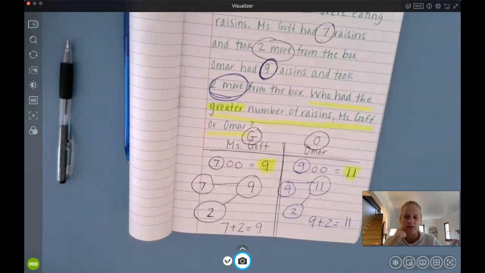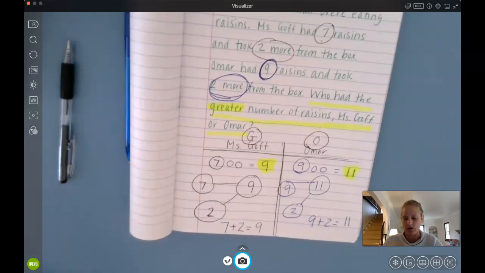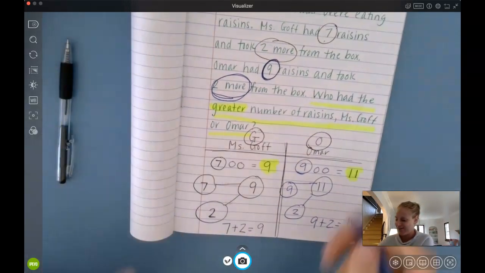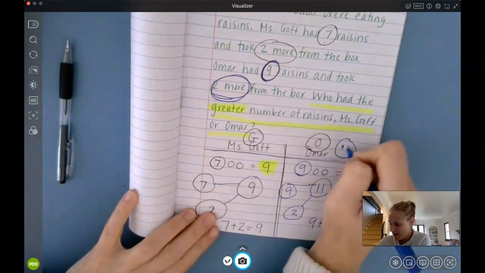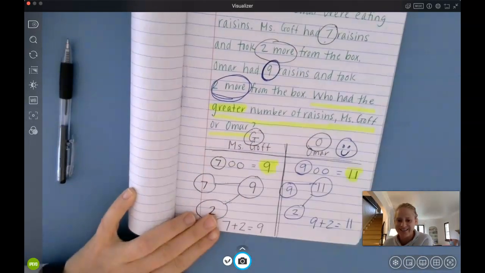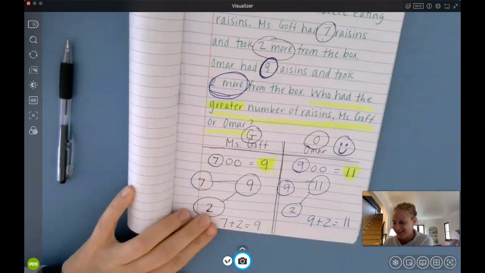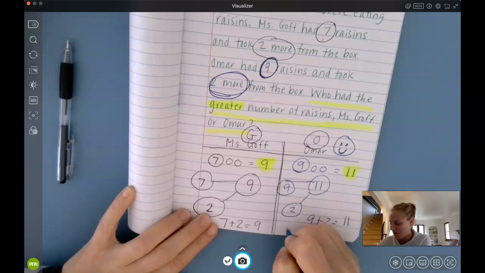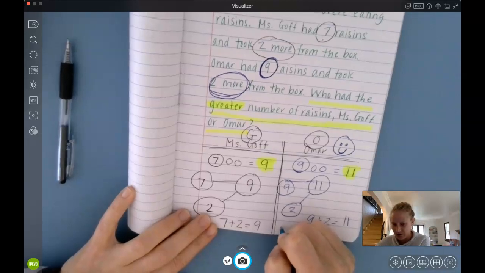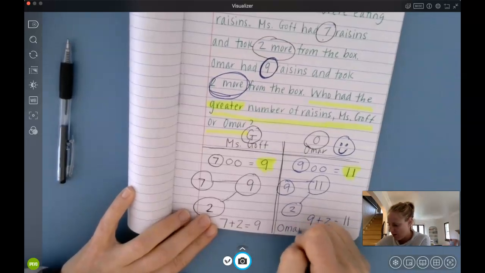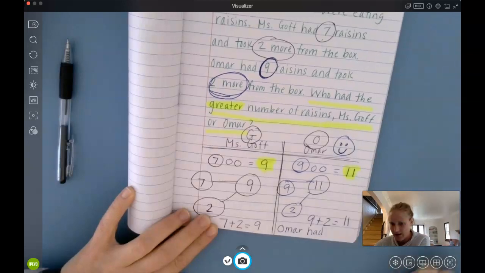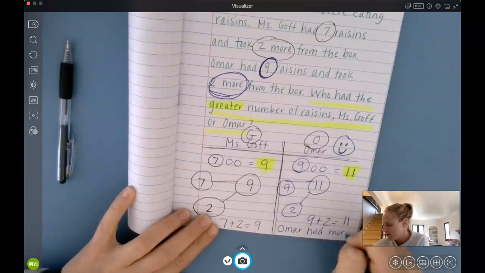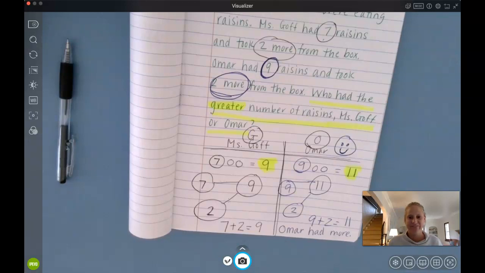Then you can do a quick check to see who was able to find which one had greater. Nice, I agree, friends. Omar, lucky Omar. He had more raisins than me, didn't he? Good. So I'm going to write down here, friends, and you can write this with me real quick, speedy quick. Omar had more. Awesome job, friends. Take a few seconds to finish that up.